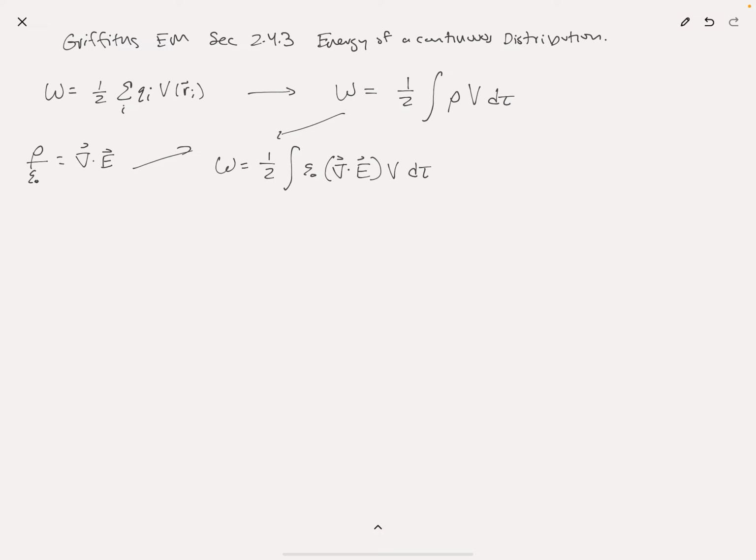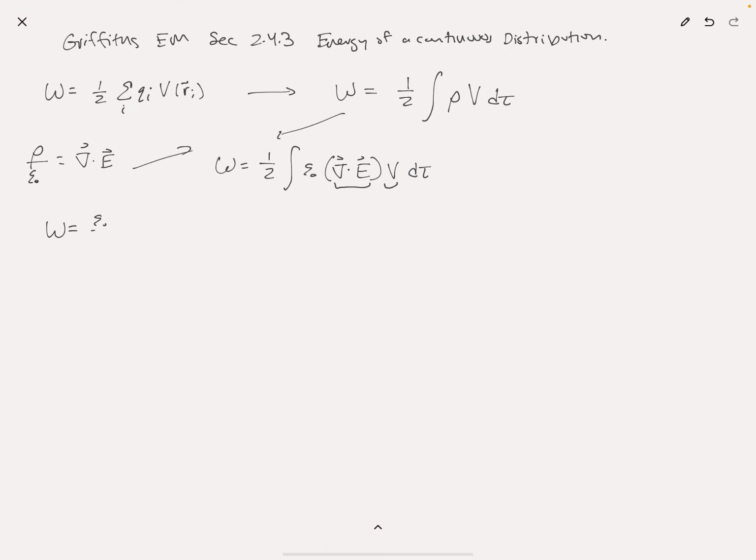Now this looks kind of gross, except we can acknowledge that this looks like a derivative. There's a derivative of a function times another function inside of an integral, and that smells like integration by parts. So we're going to do integration by parts here and get two integrals out.